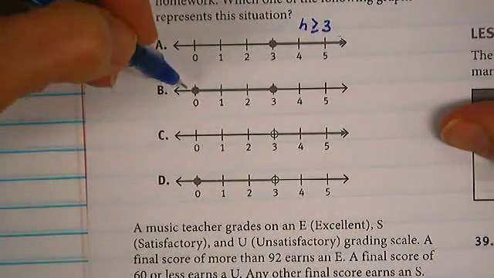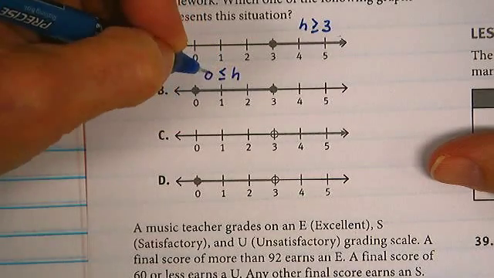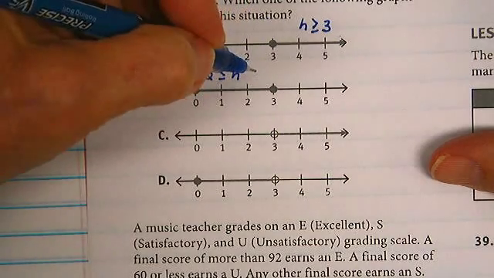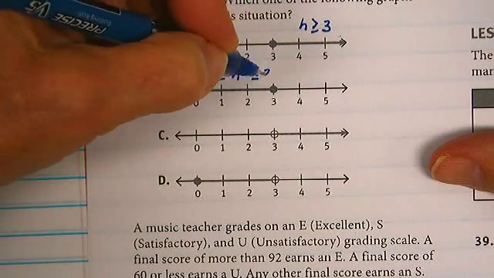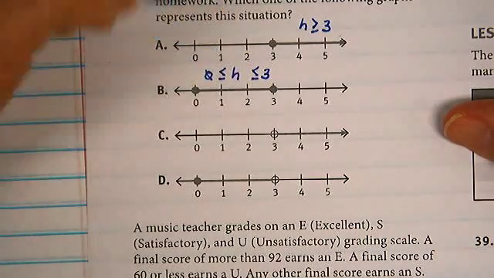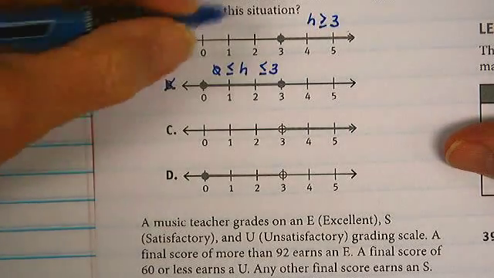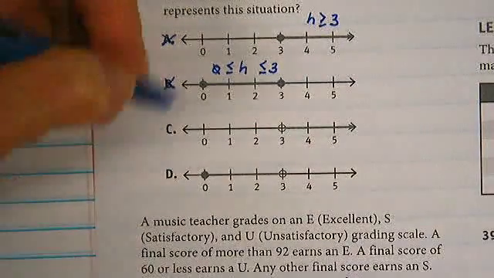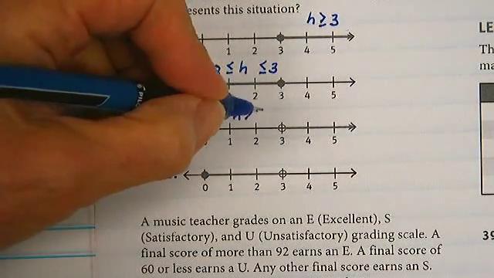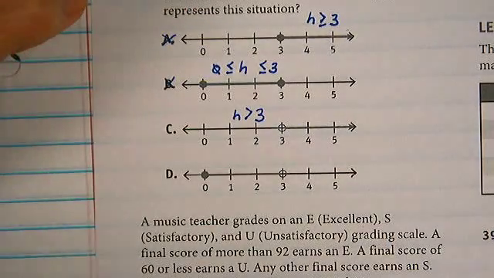B is H is between 0 and 3, but it includes 3 because of the solid line, so it can't be A and it can't be B. C says more than 3 hours to complete my homework, but that's not what it says.